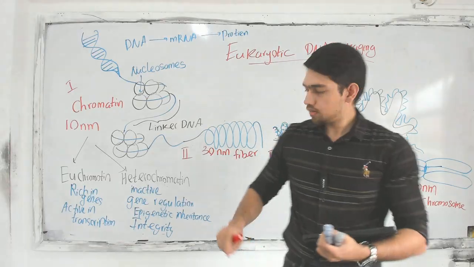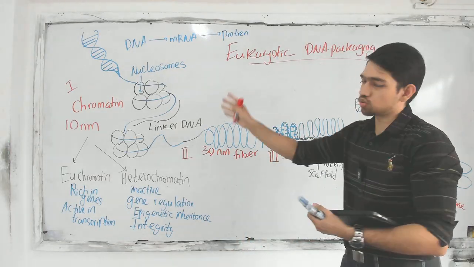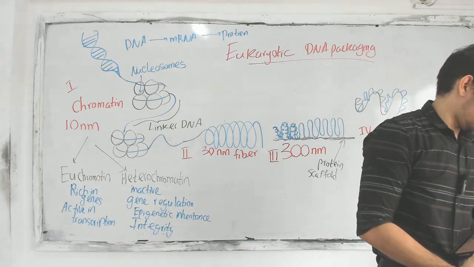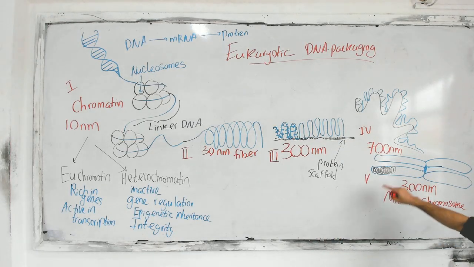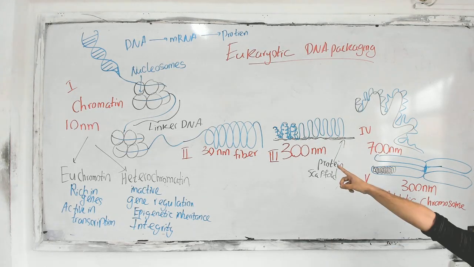I'll ask you a question. Is DNA packaged into chromosomes always? If you take a cell from your body right now, a normal cell, is it packaged into chromosomes? No. It exists as chromatin.